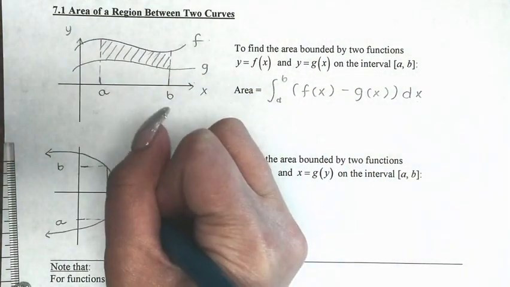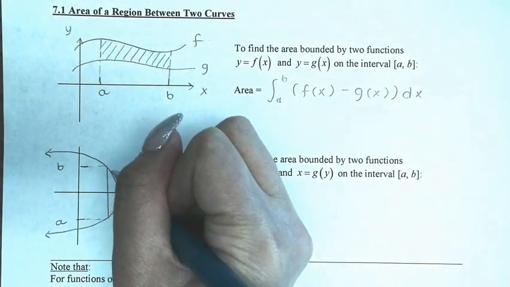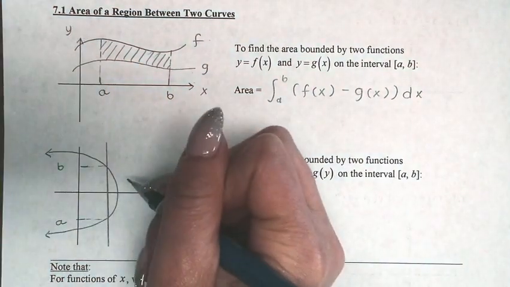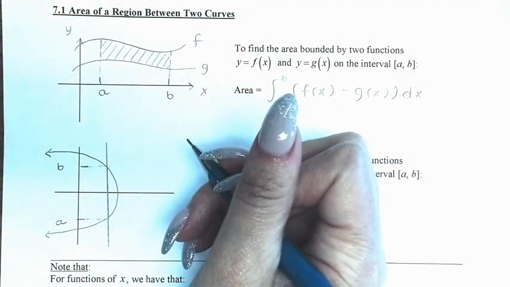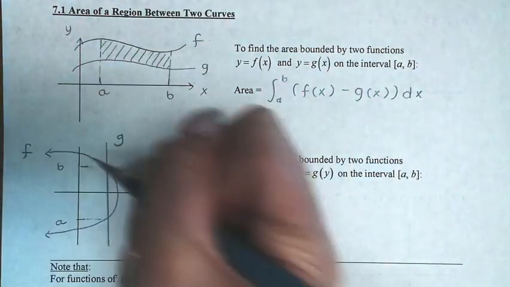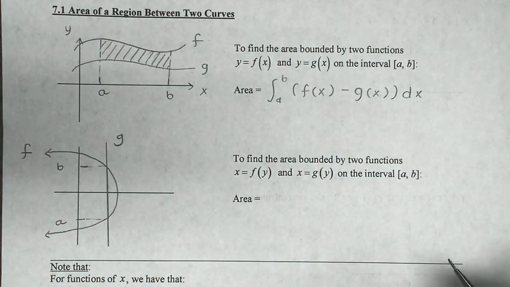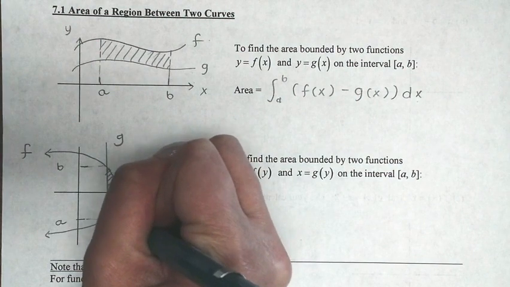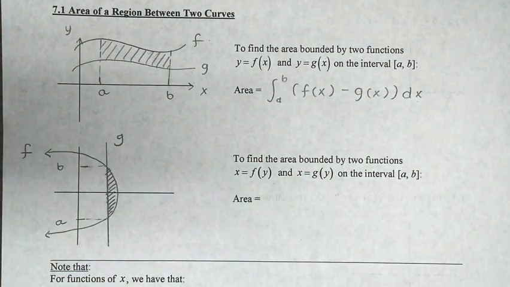So the area of interest in this situation, and excuse me for that, we have a full line here. This is your other function. Let's say that this is g, and let's say that this is f. So the area that you care about in this situation is going to be this area in between those curves.